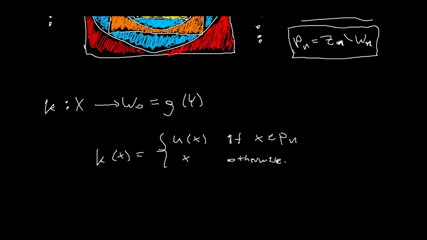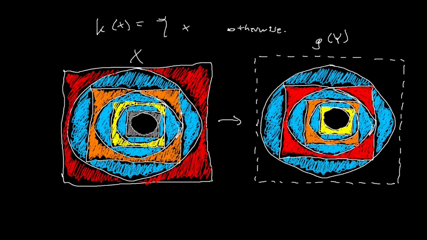Great. So this is the set. We have this depiction. As I explained, red goes into the orange region, orange goes into the yellow region, then the yellow goes into the gray region, and so on.